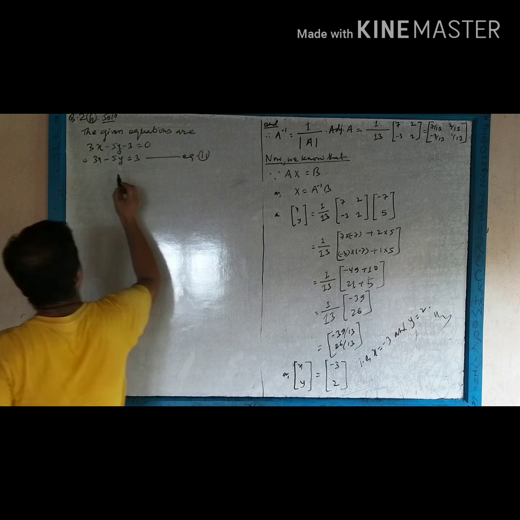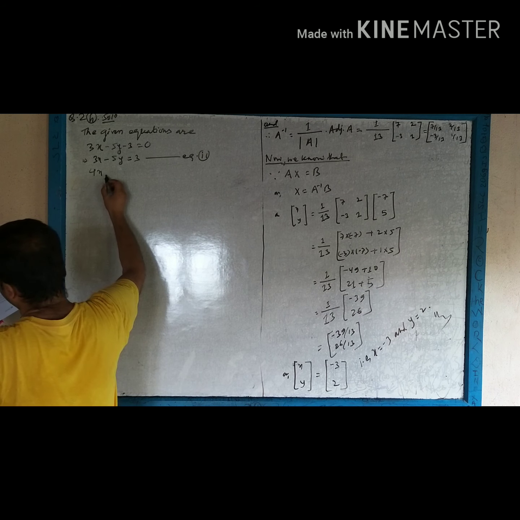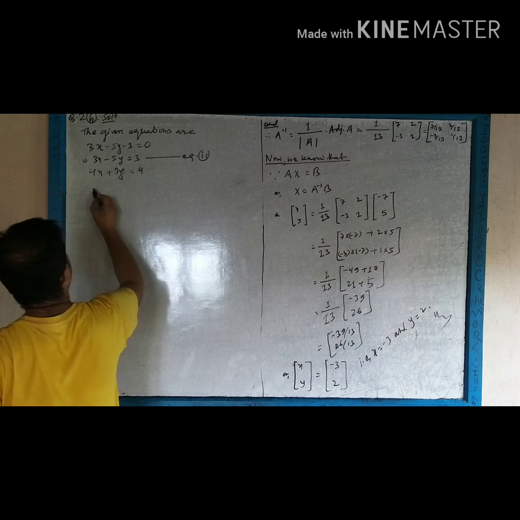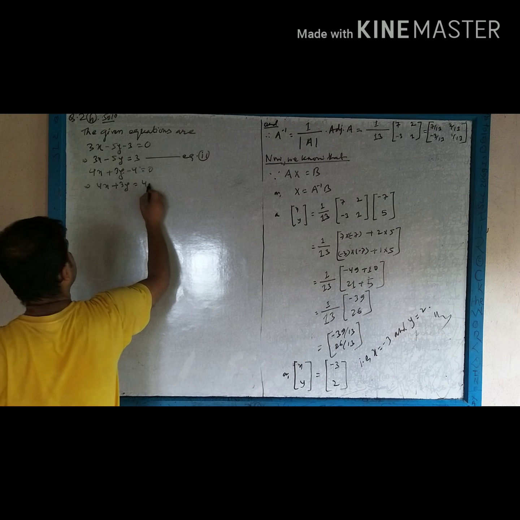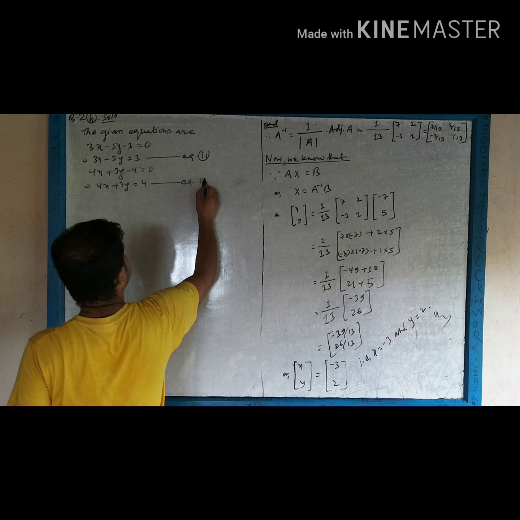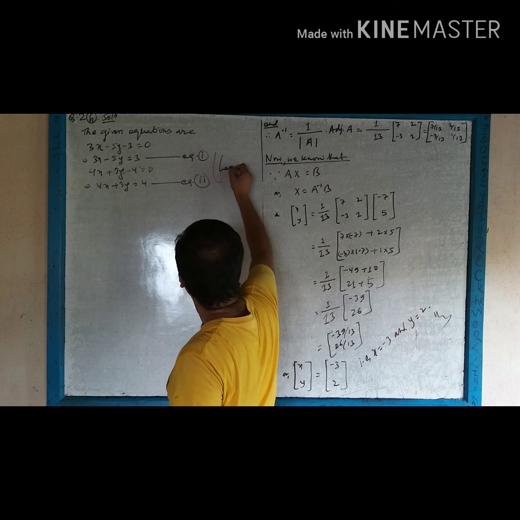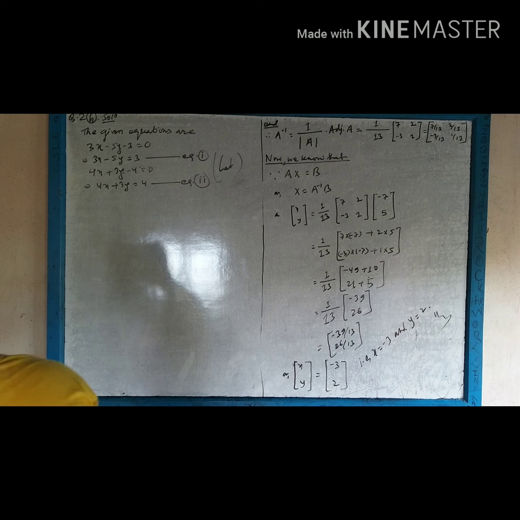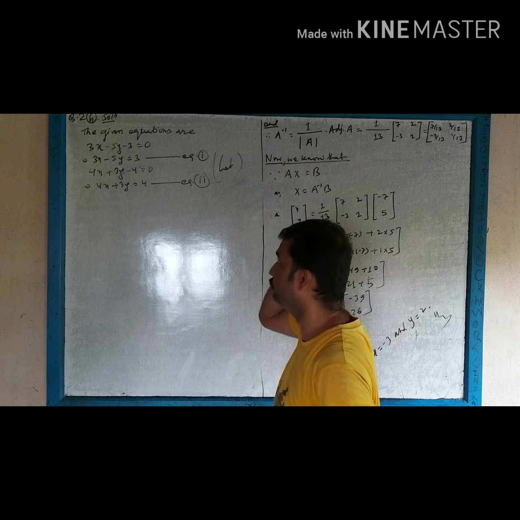And the next equation is 4x plus 3y minus 4 equals 0. Then this is 4x plus 3y equals 4. Let's make this equation 2. This is equation 1 and this is equation 2. Here I am trying to show that if the constant term is on the left hand side, you take it to the right hand side, for both equations.